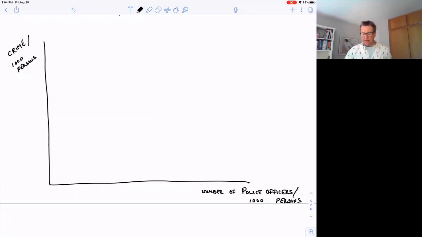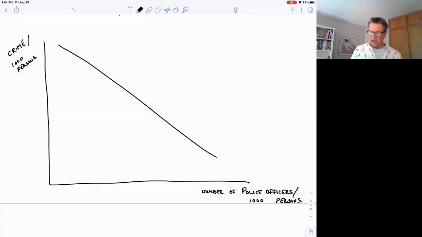And they expected to see regression showing as you increase the number of police, there would be less crime. So they thought they would run into some regressions like this, negative association between the two, but they didn't. And there were a number of studies on this. It was hard for them to get this result.